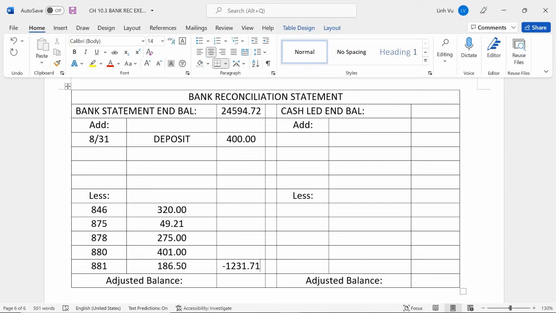I'm not sure why. You're either punching too many zeros in here or you're not calculating this correctly. Okay. 320, 49.21, 275, 401, 186.50. This is how I do it.